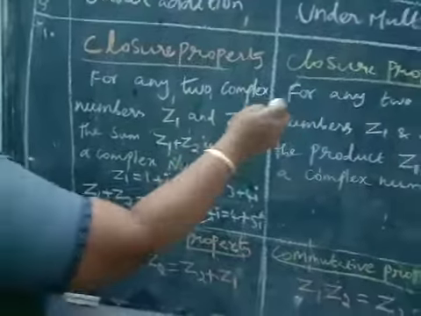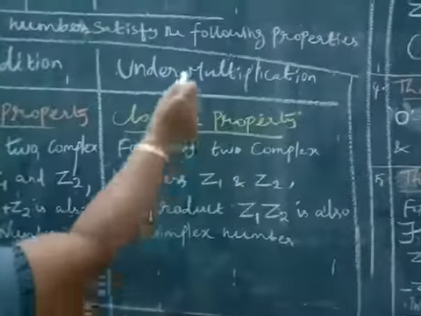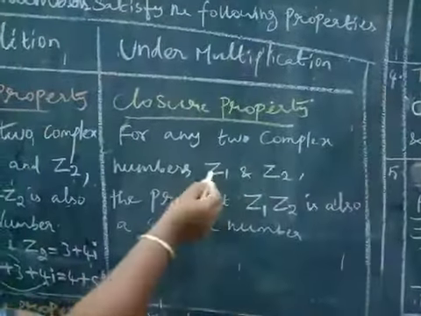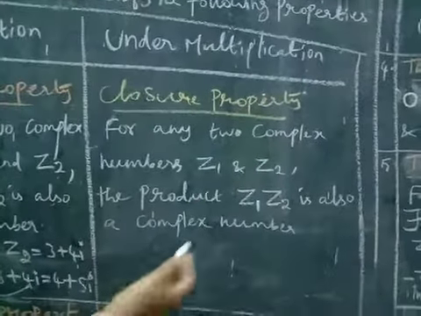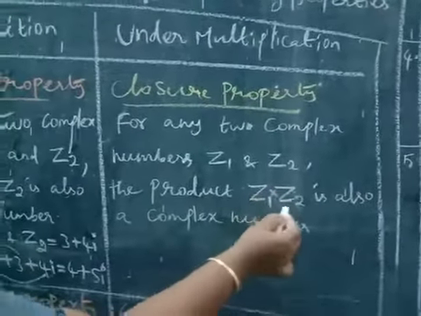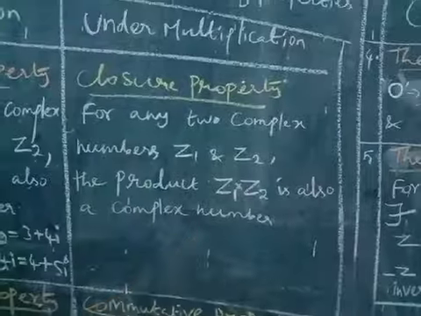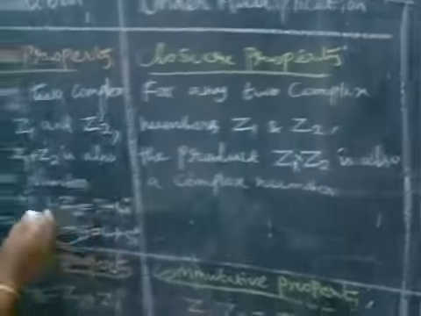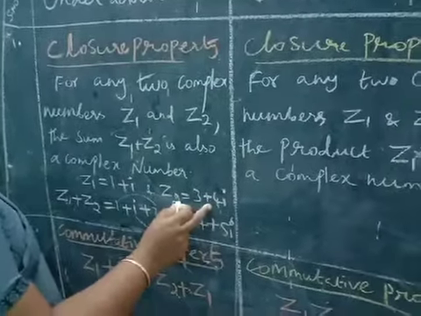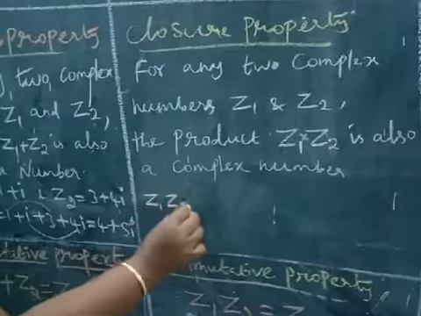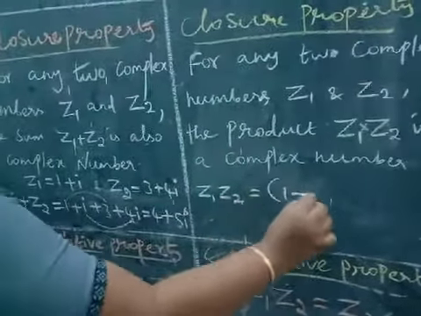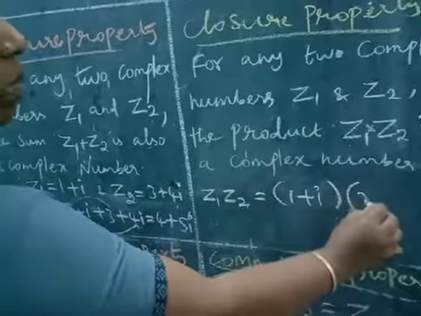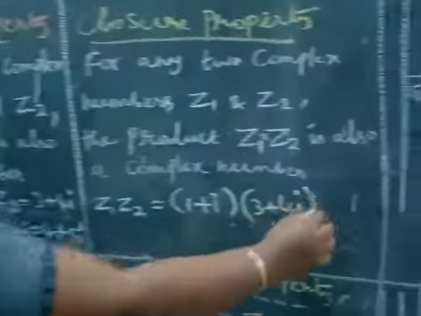Okay. See, the closure property under multiplication: take two complex numbers z1 and z2. The product z1 into z2 is also a complex number. Let us consider the same example, 1 plus i and 3 plus 4i. Multiply these two, z1 z2, 1 plus i into 3 plus 4i.